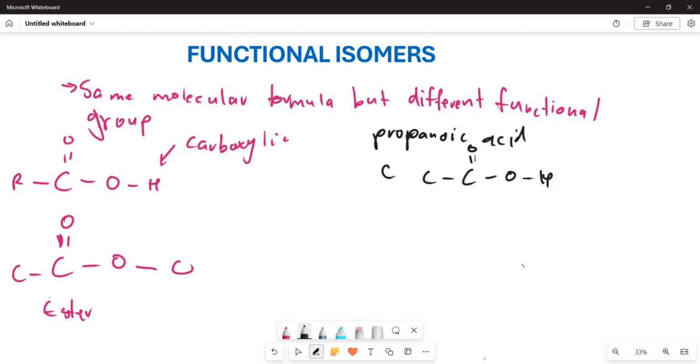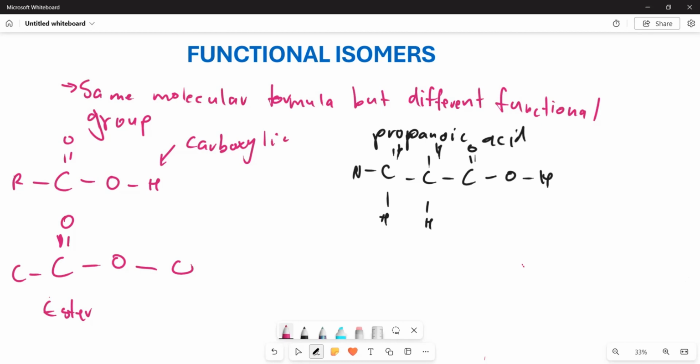Now, I want us to check all of these. Let's say you're having your propanoic acid, and you decide to move the functional group to the carbon that is in the middle.